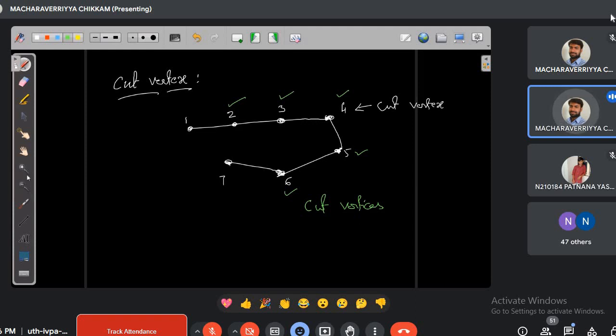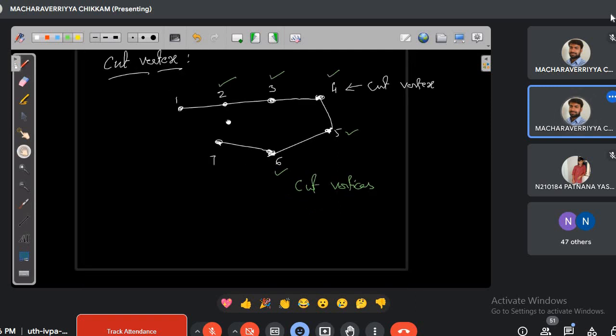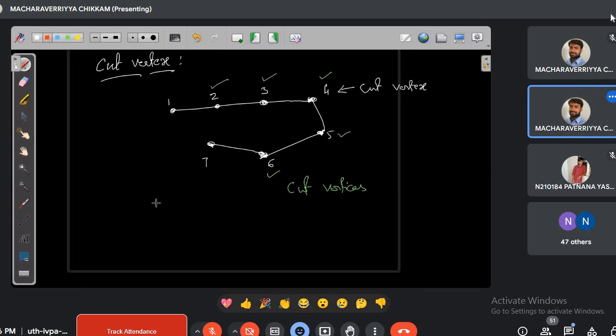Okay. Now let me give you one more example. So let me consider this graph. Does this graph have any cut vertex? It has 5 vertices.